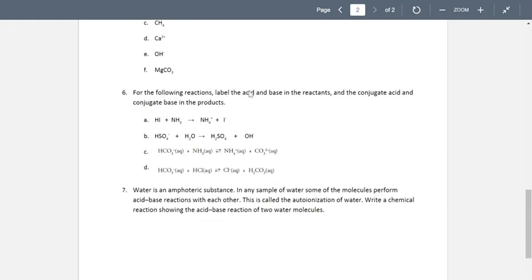Okay, so for the following reaction, label the acid and base in the reactant and the conjugate acid and conjugate base. Let's do one, and the rest you're going to do. So over here, which one is the acid? HI plus NH3, NH4 and I negative, which gave up hydrogen. So this is an acid? If this is an acid, which one will be its conjugate base?